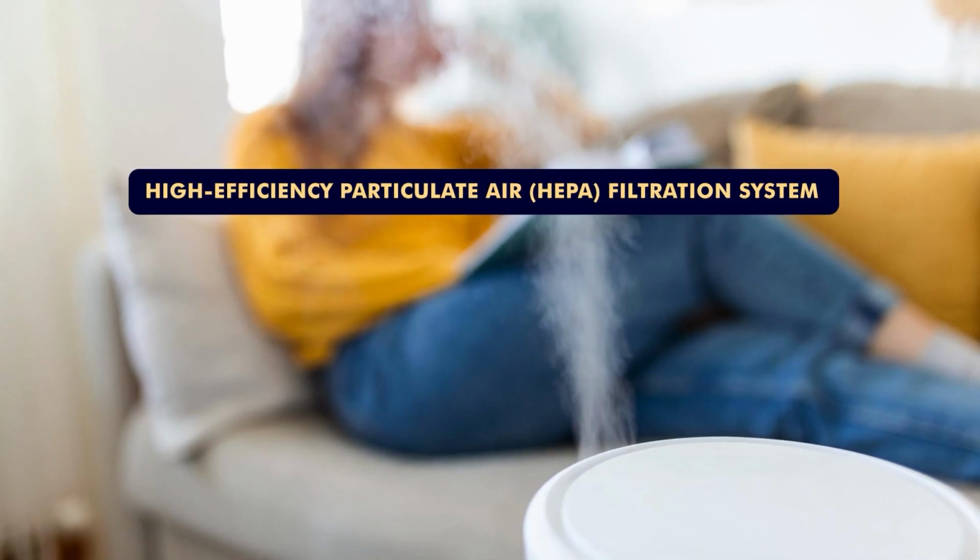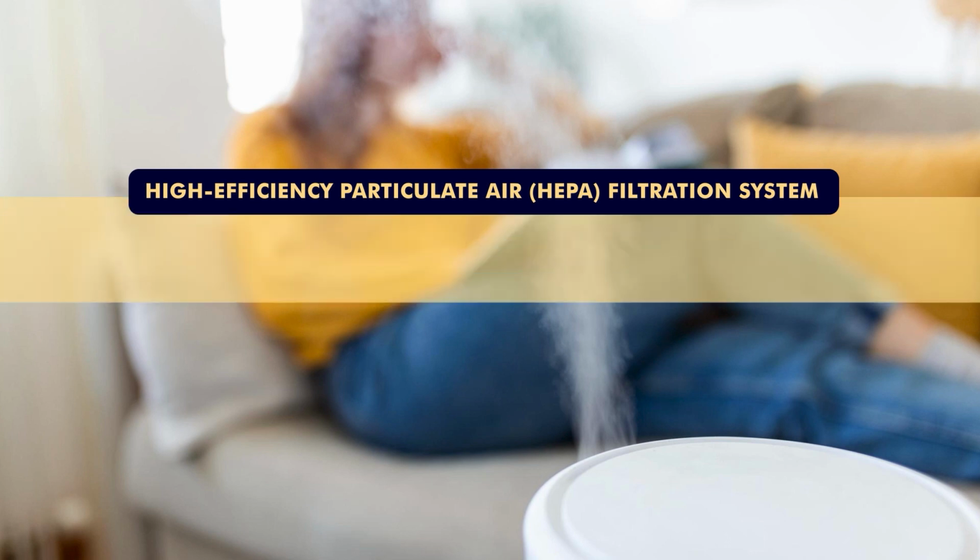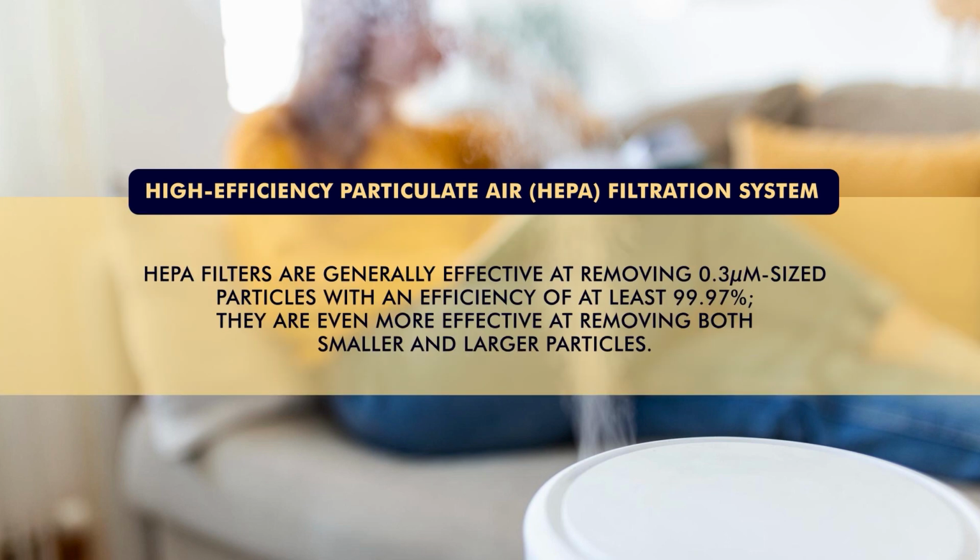The high efficiency particulate air filtration system is also called HEPA. These HEPA filters are generally effective in removing 0.3 micrometer sized particles, with an efficiency of almost 99.97%, and they are even more effective at removing smaller as well as larger particles.